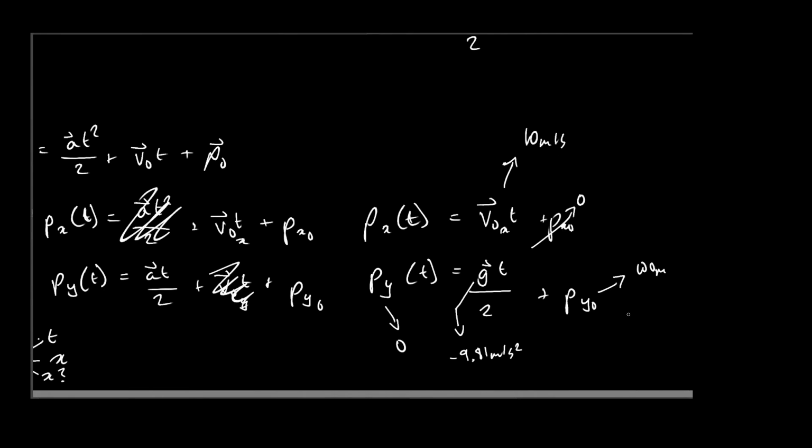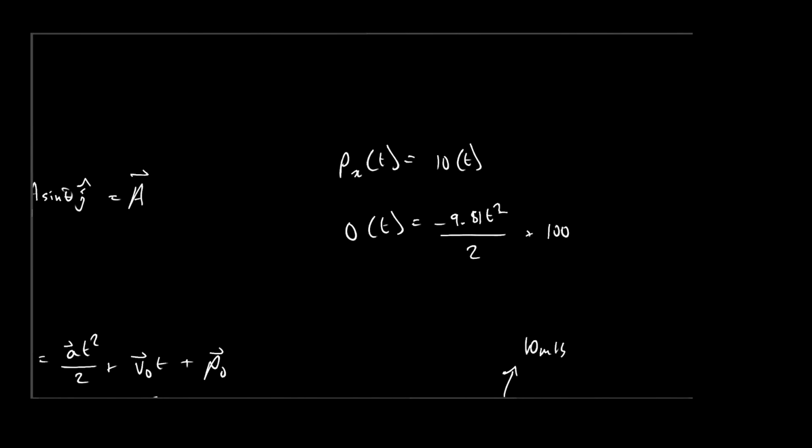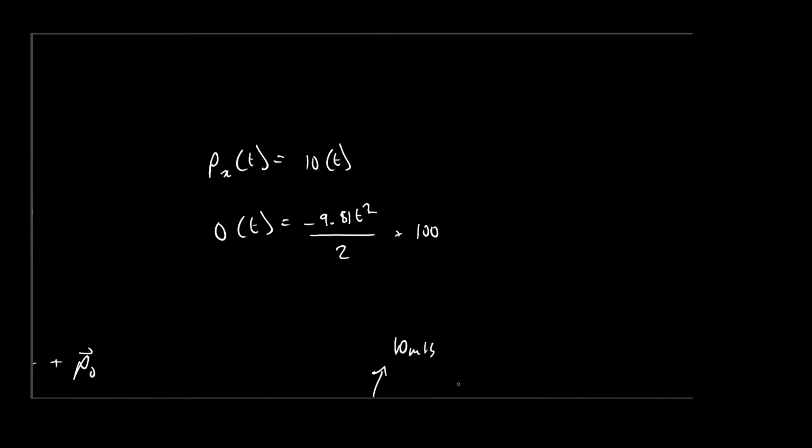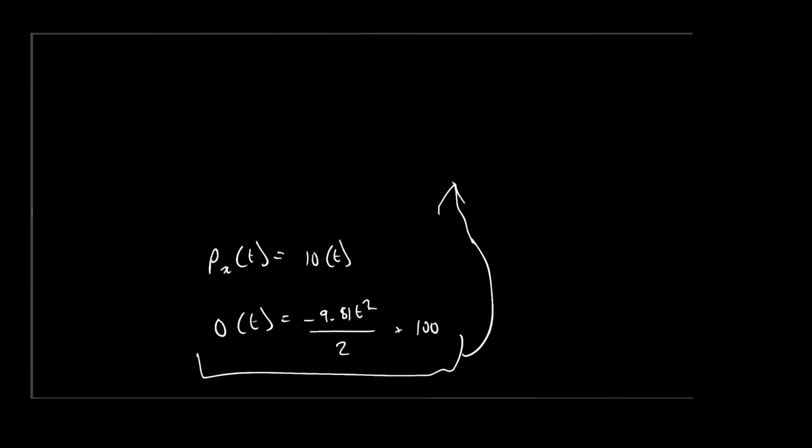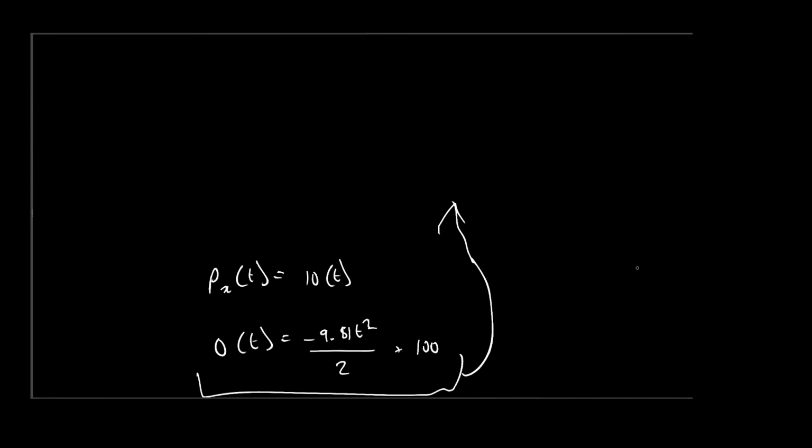Yep, I can solve this now. So, first off, let's start with this one because it only has one variable. Over here we can see that we have px and t. So we figure out how long it takes to hit the ground by solving this one.